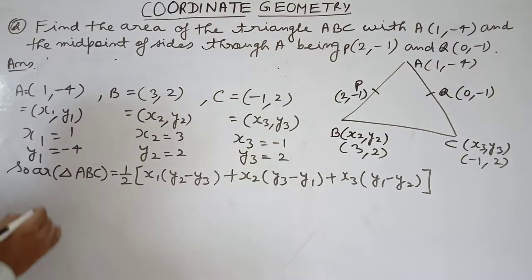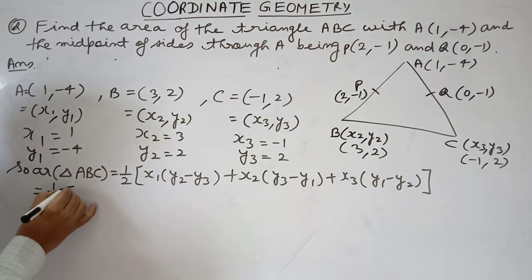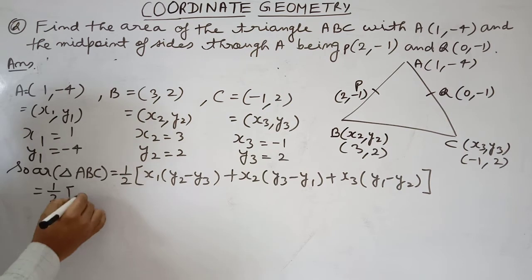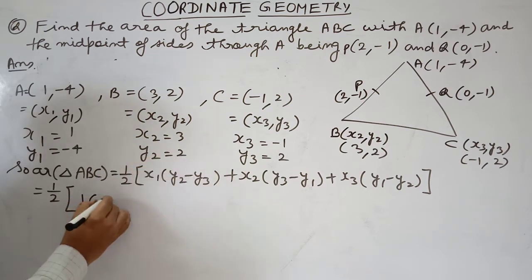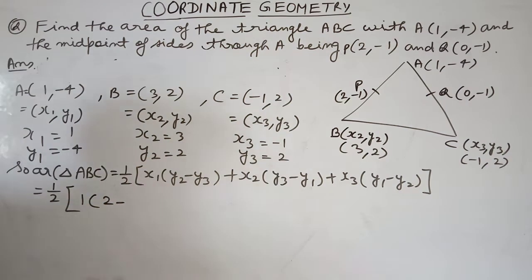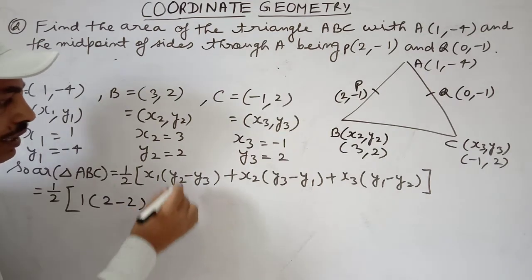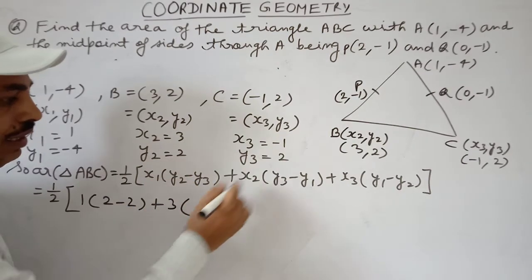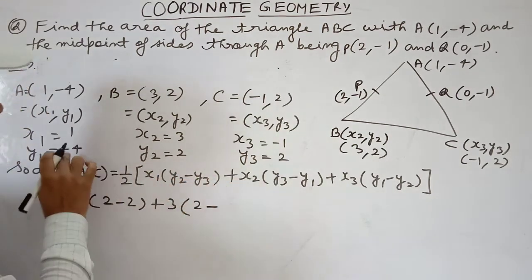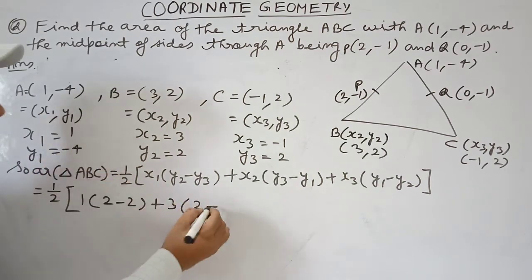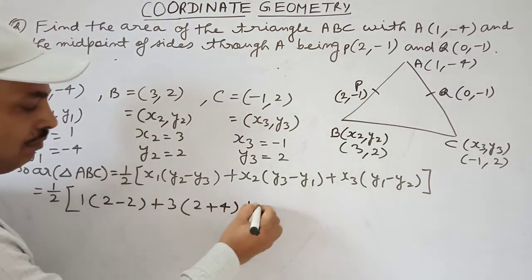Put in the values. x1 is 1, y2 is 2, y3 is also 2, x2 is 3, y3 is 2, y1 is -4, so 2 plus 4.